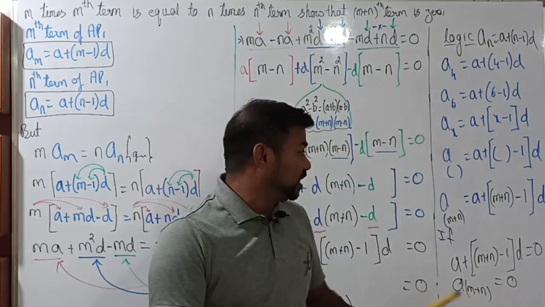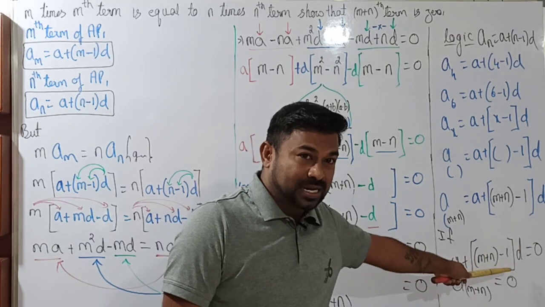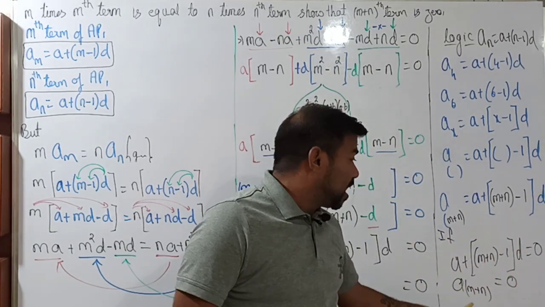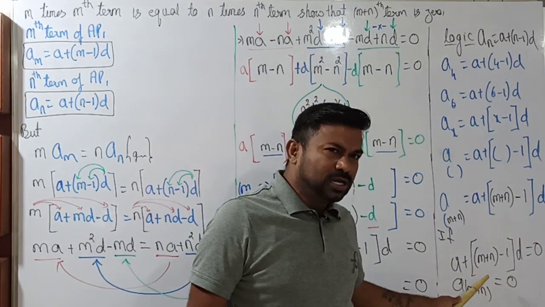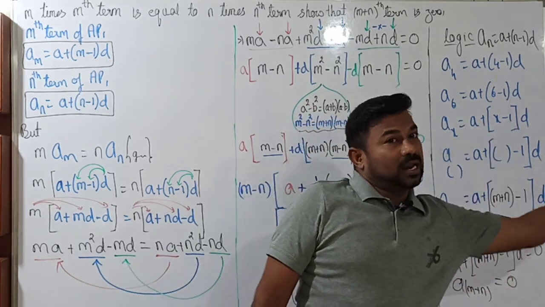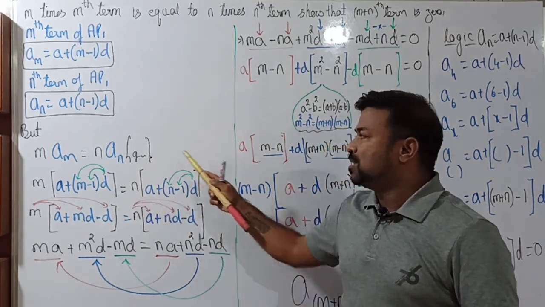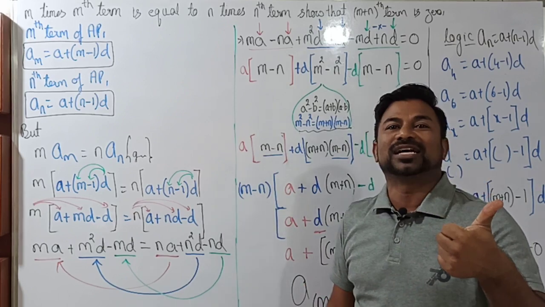What we need to reach is a plus (m plus n minus 1) into d is equal to 0, so that we can say the (m plus n)th term is 0. This is the tricky part. Since we need 0 on the left-hand side, whatever is here should be sent to the other side.